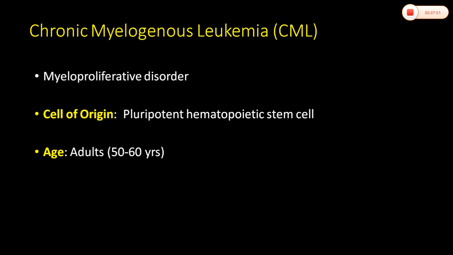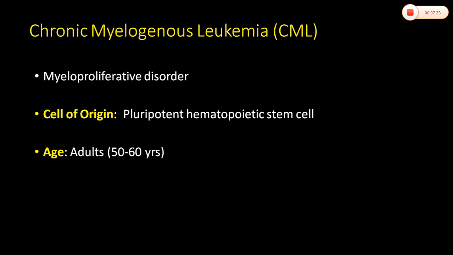Do you remember the flowchart that we have seen in the last class? From pluripotent hematopoietic stem cell comes multipotent hematopoietic stem cell, and that will divide into lymphoid progenitor cells and myeloid progenitor cells. So now if you see, CML is a result of abnormality in pluripotent hematopoietic stem cell, which is sitting on the top of the hierarchy. Remember this point. We will be needing this point later in our discussion.